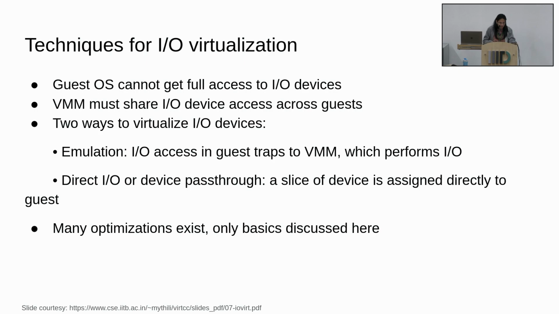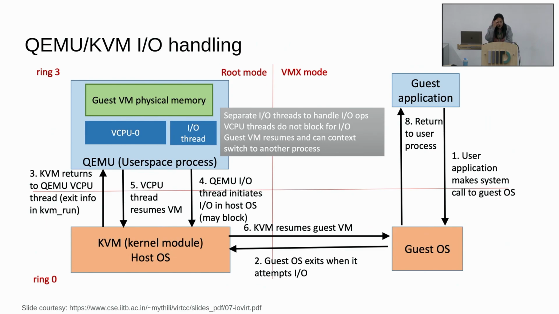So that's what is called direct IO, and we'll study that also in a bit, right? There are many optimizations to optimize the IO, but we'll study just two of them in today's session, right?